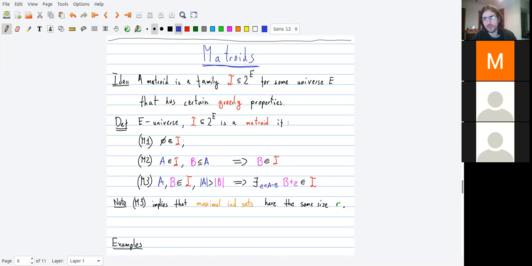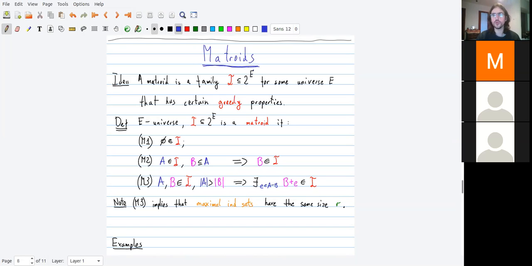So I expect that many of you haven't seen matroids in your life so far. So this is probably the first time you see them. This is something that looks very scary at the beginning. It's not that scary after a while, but it is good to see it a few times to get accustomed to this language.